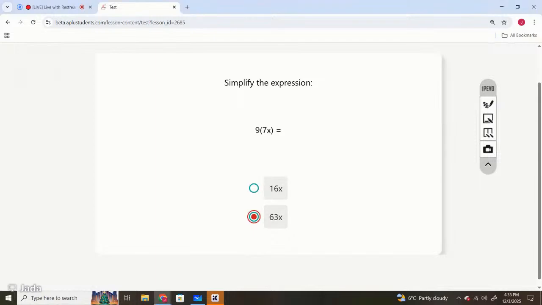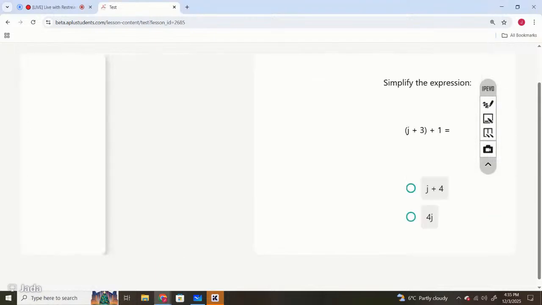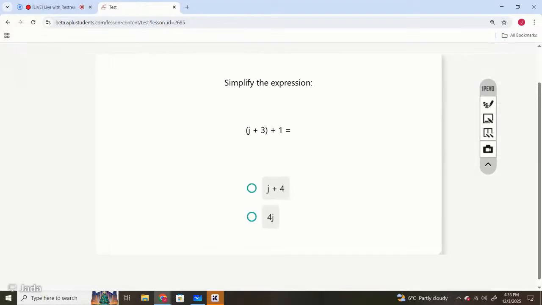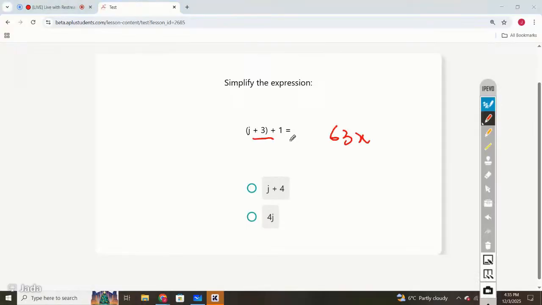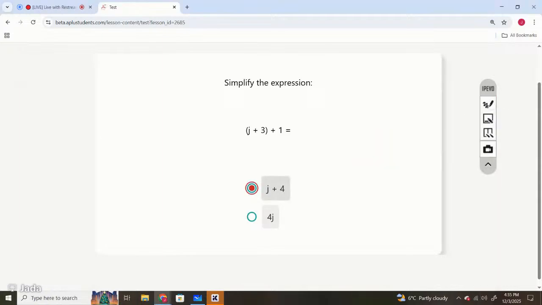Option number 2 is the correct option. Simplify the expression j plus 3 plus 1. So 3 plus 1 is 4. So that is j plus 4. Option number 1 is the correct option.